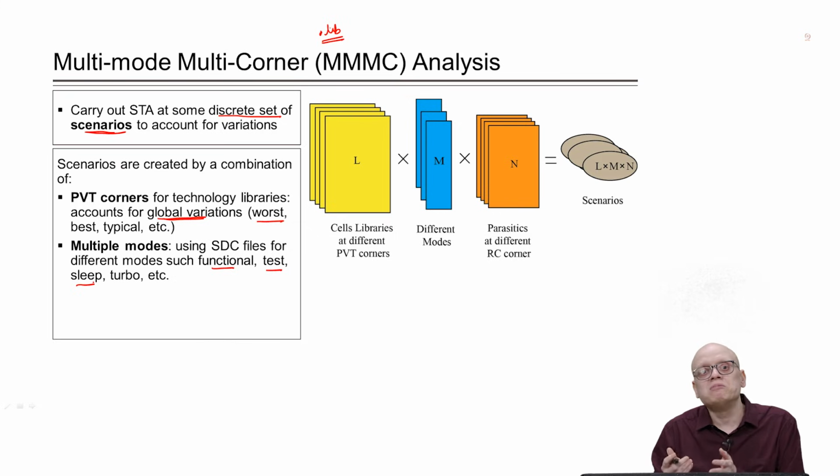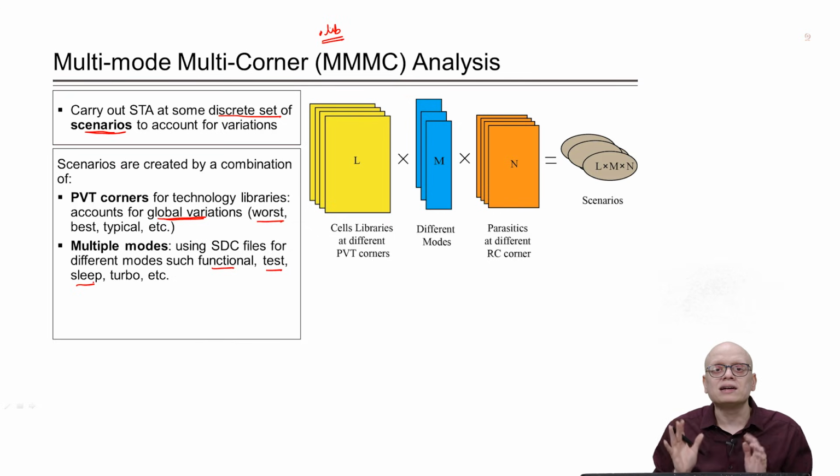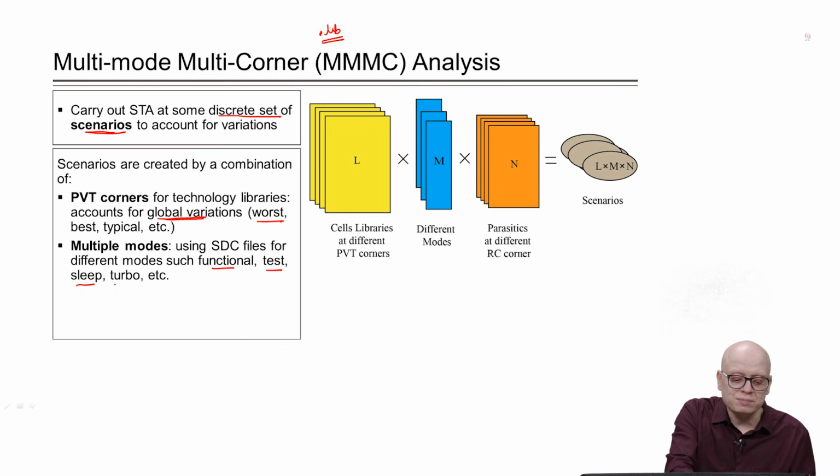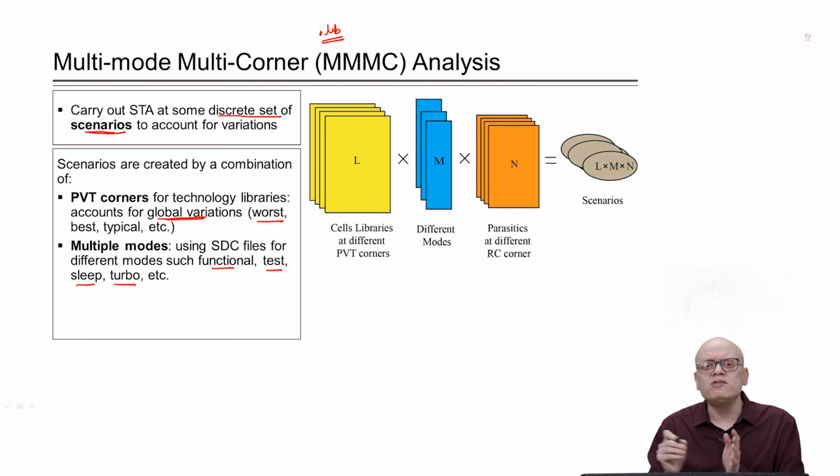For example, if we want that our chip is not doing some active computation, to save power we can take it to a sleep mode. Or we want to do a very high performance job, where the requirement is that the chip delivers the maximum performance, then there can be, say, a turbo mode.